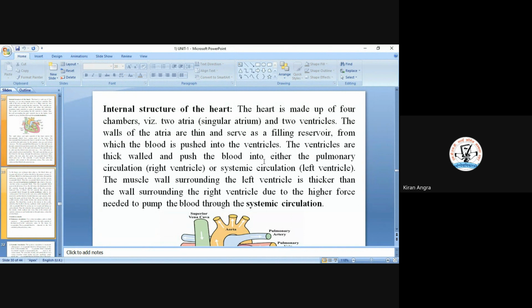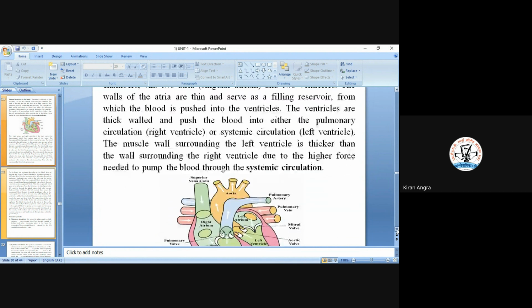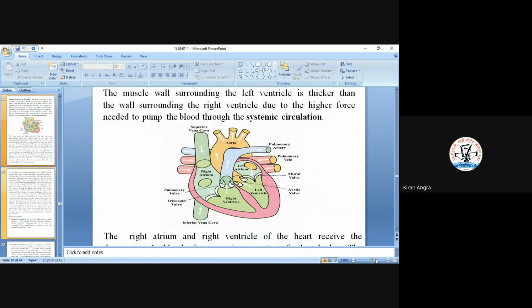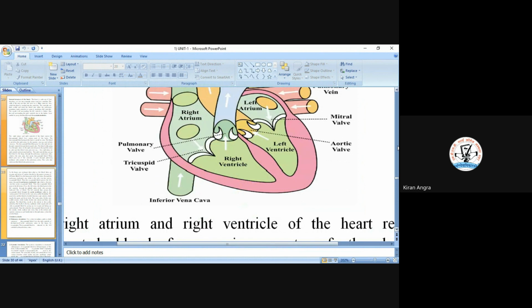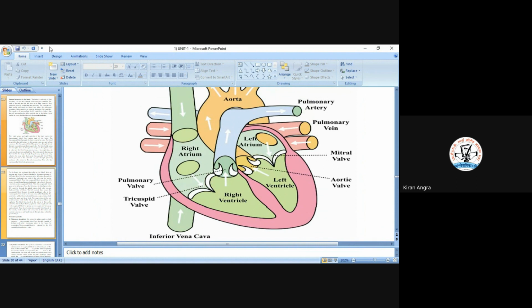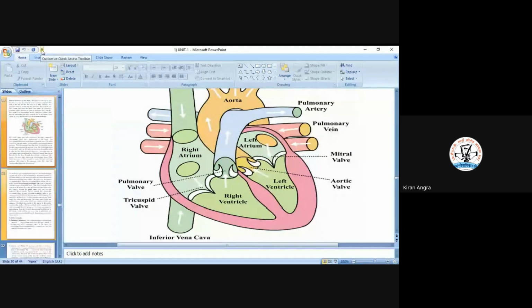So there are two systems prevailing in our body through which the blood is pumped out. The right atrium and the right ventricle of the heart receive the deoxygenated blood, meaning there is no oxygen in it, from the various parts of the body.